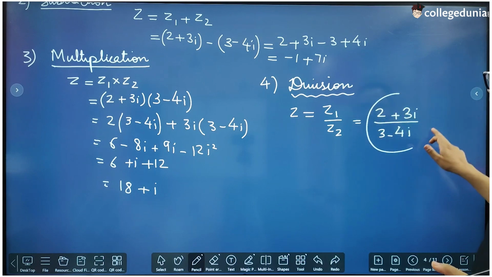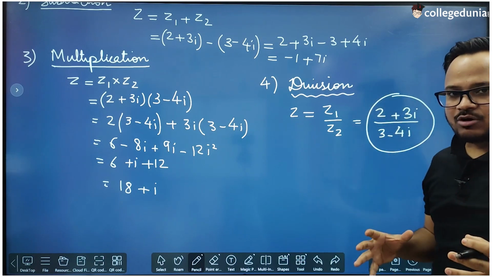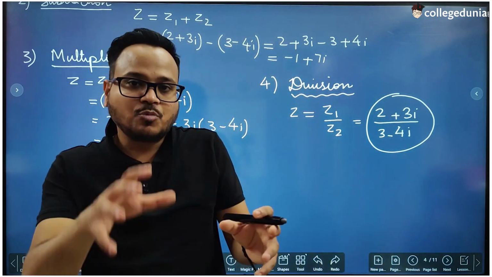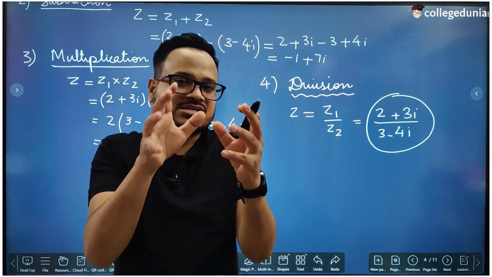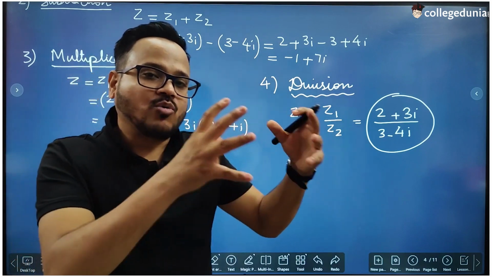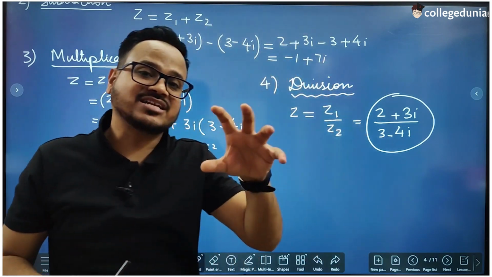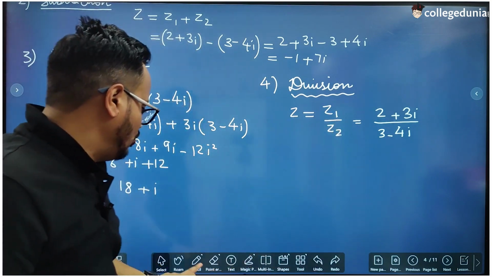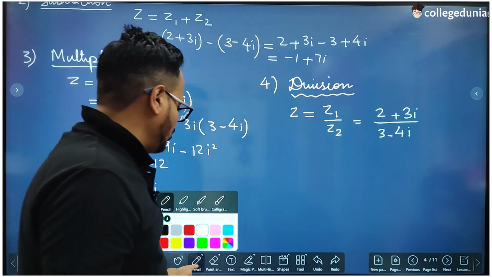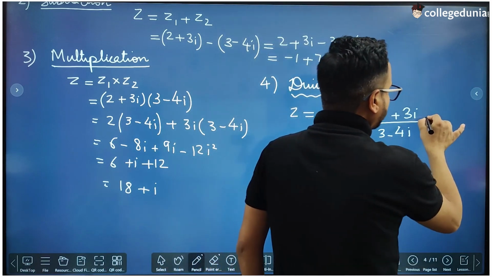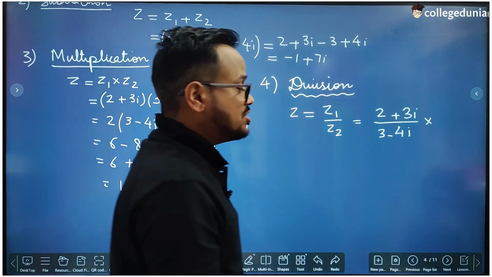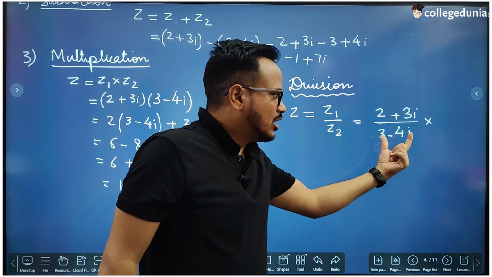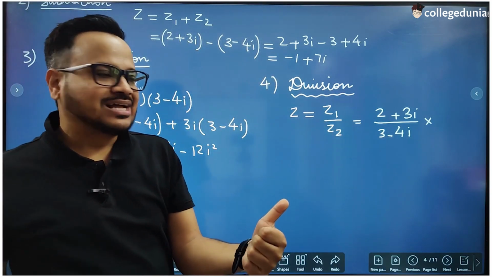So this will be written in standard form, and standard form of the complex number is x plus iy. There should be one clear real term, plus or minus, and then a clear imaginary term with a single i. So how are we going to change this into its standard form? This trick you need to learn. You will multiply and divide with the conjugate of the denominator.